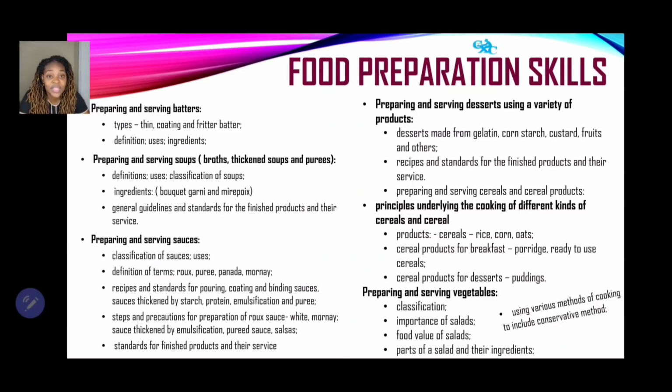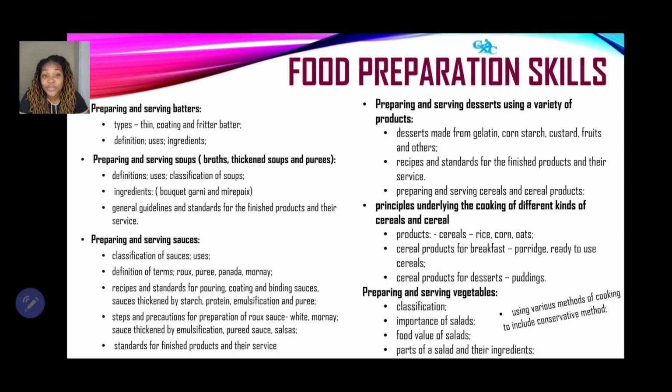You should know definition. Some key ingredients such as bouquet garni, mirepoix, and also general guidelines and standards for the finished products and their service. There is also preparation and serving of sauces.